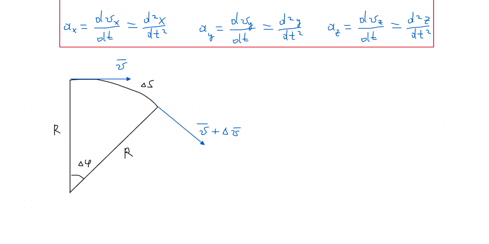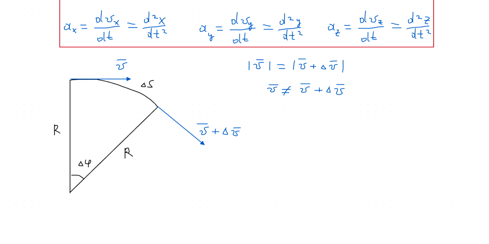So it means that absolute value of v is equal to absolute value of v plus delta v. But vector values are not the same. It is necessary to take into account that vector values are not the same. So in this case, delta v shows just change in direction, but not change in value.